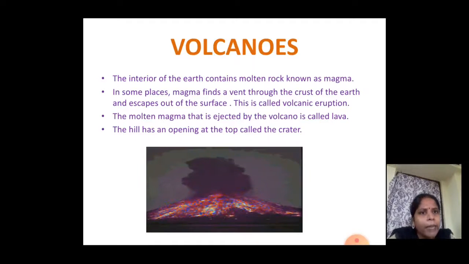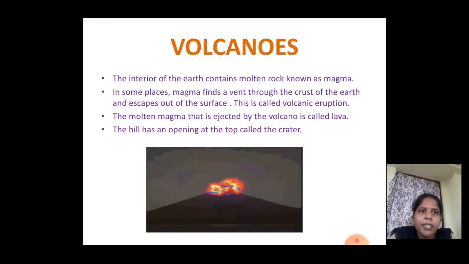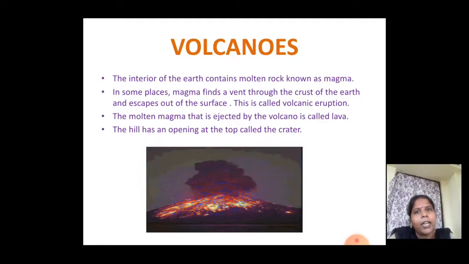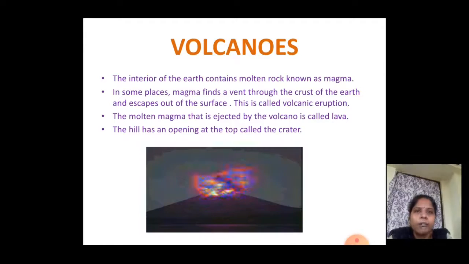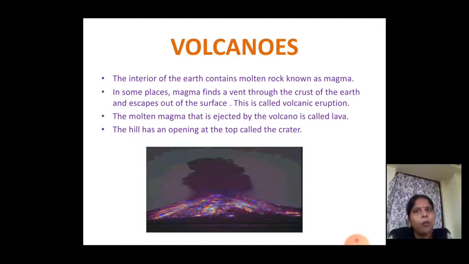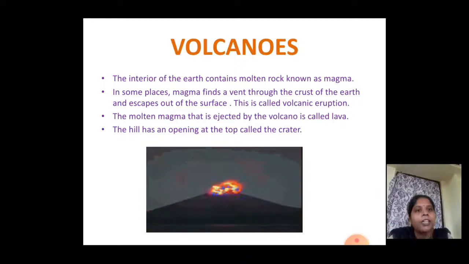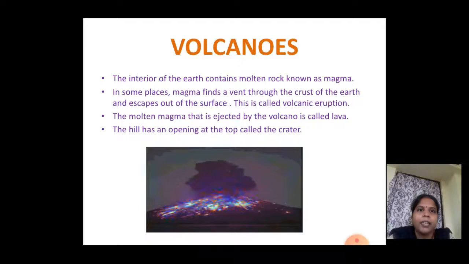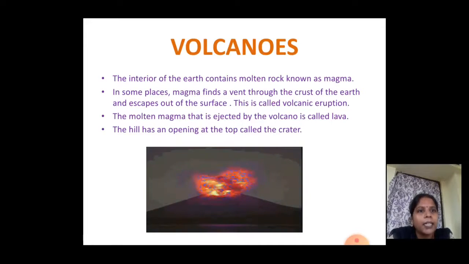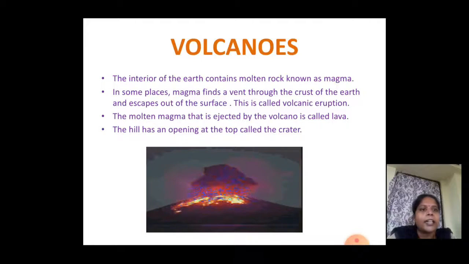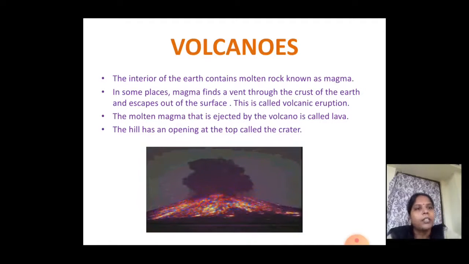The molten magma that is ejected by the volcano is called lava, and after the lava cools down, it forms a cone shaped hill at the place of the volcano. If you observe in the video, children, the hill has an opening, and that opening is known as the crater.